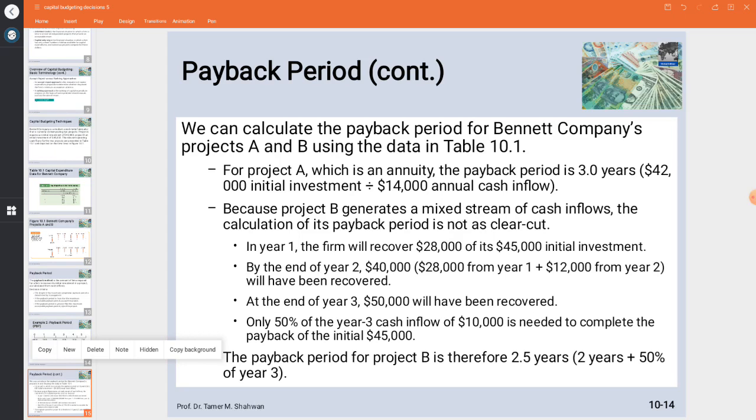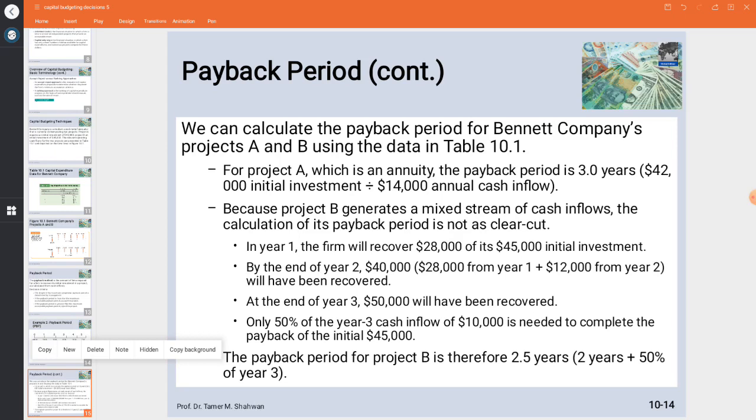This means that the payback period for project B is 2.5 years.